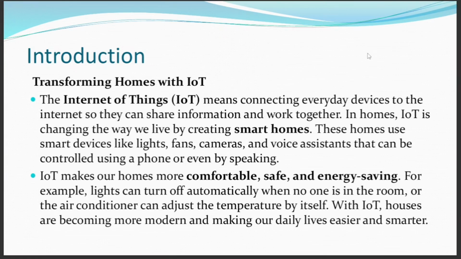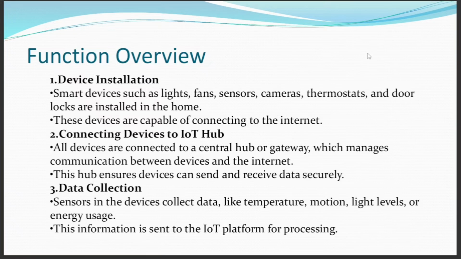Coming to function overview, how the system works. First, small devices such as lamps, fans, and sensors are installed in the home and connected to the controller. Second, these devices communicate with the central hub or microcontroller, which in our case is the Arduino UNO. Third, the sensors collect environmental data like temperature and light level and send this data to Arduino.